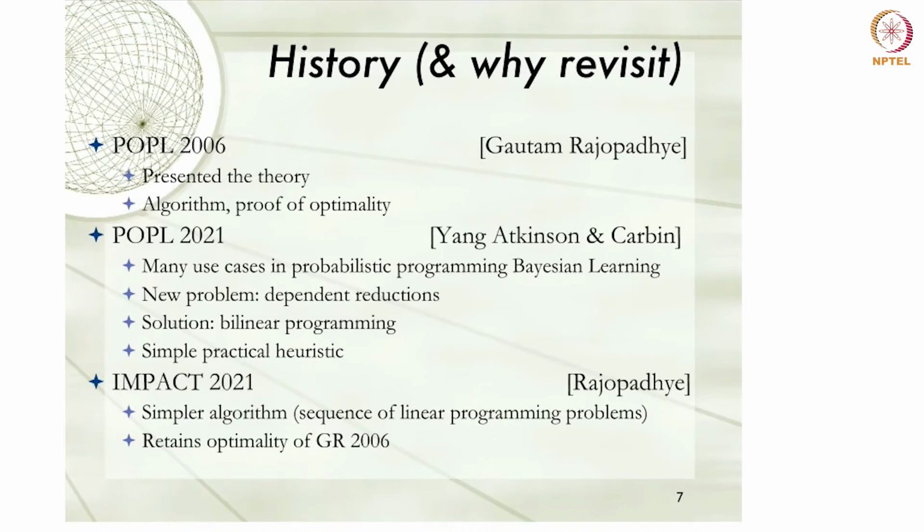Then 15 years later, in January of this year, these authors showed that there are many examples in probabilistic programming and Bayesian learning that actually are instances of simplifying reductions. But they also found that the problem they had to solve was a little bit more general.